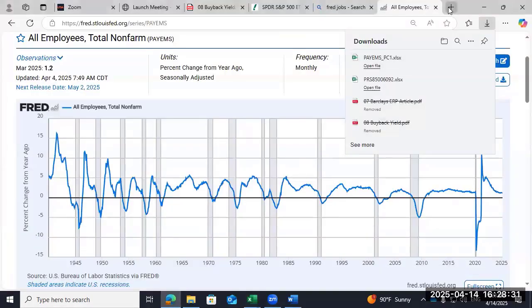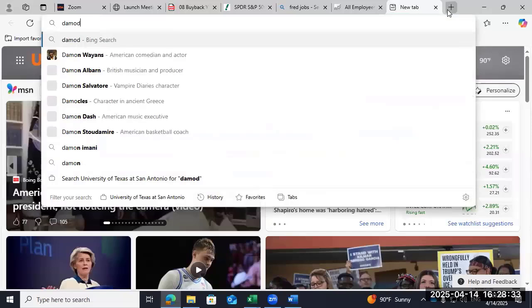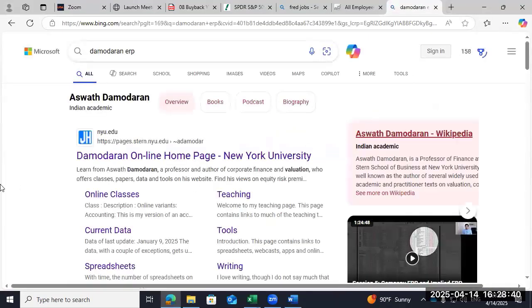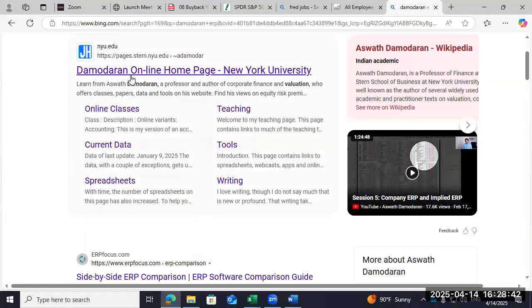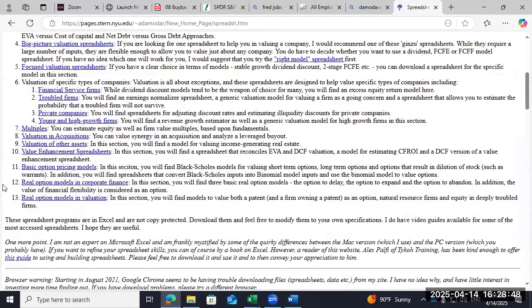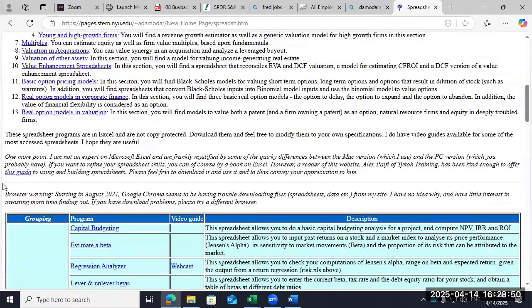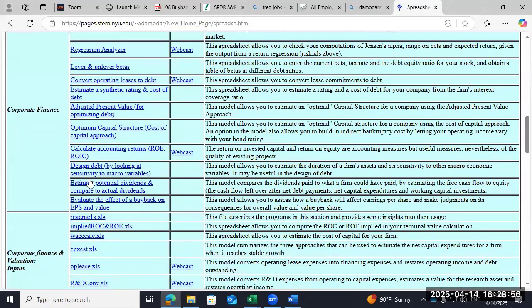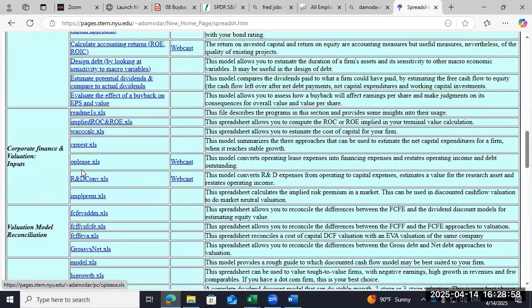If you want to double check on this, and you can even put Damodaran into your paper, he's somewhat of the expert on this. You look at his spreadsheets. It's in here somewhere.